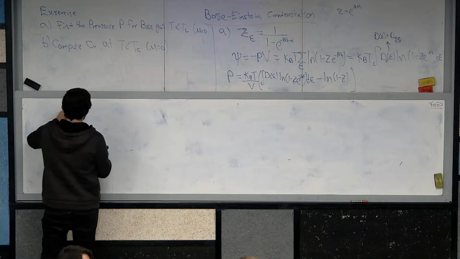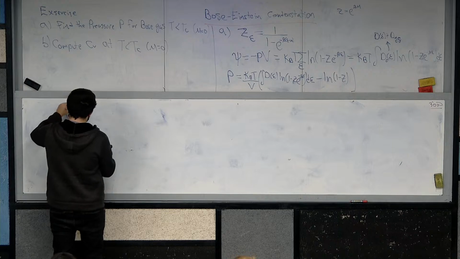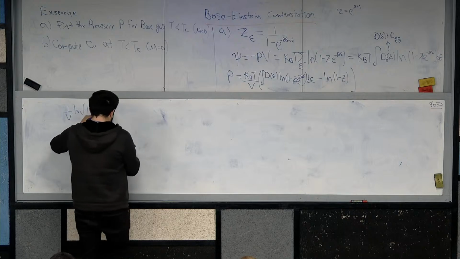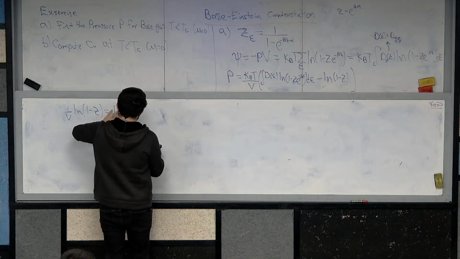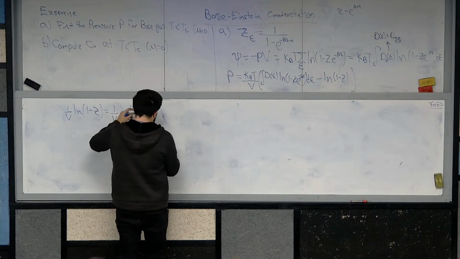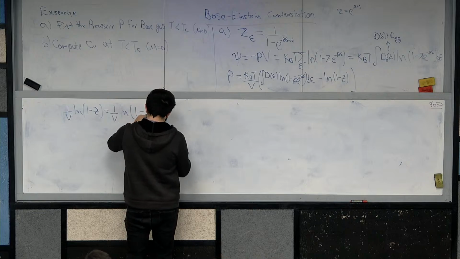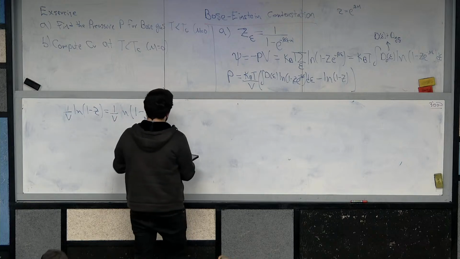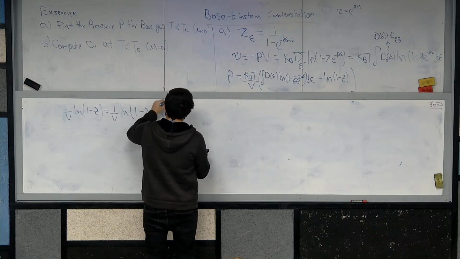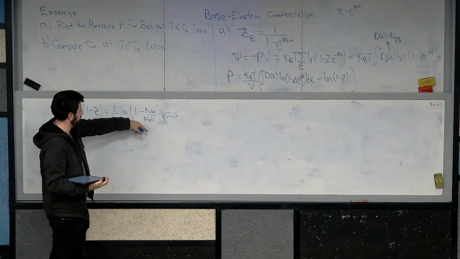Okay, so let's see what this quantity is. So we have 1 over V plus... Then in this case I just plug in the number of particles of the ground state, right?